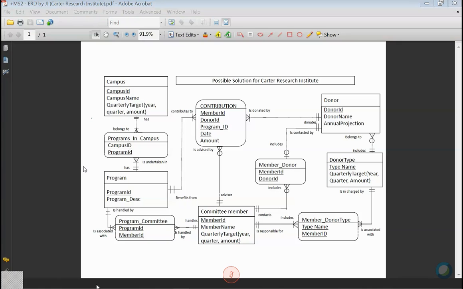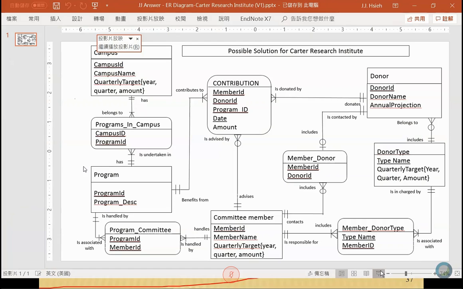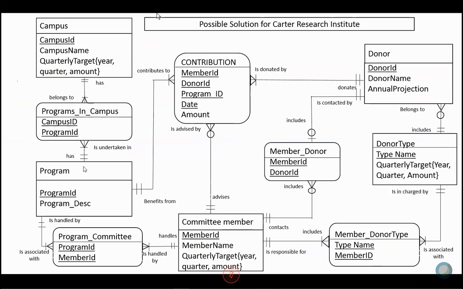I'm sharing the PDF file with you guys. Can you see the PowerPoint file? It's the answer for Research Carter Research Institute.